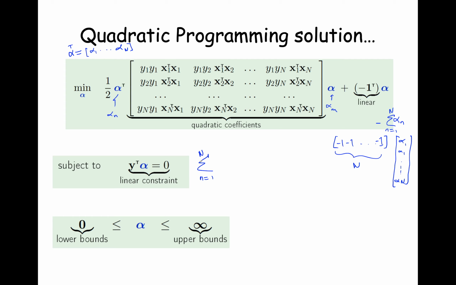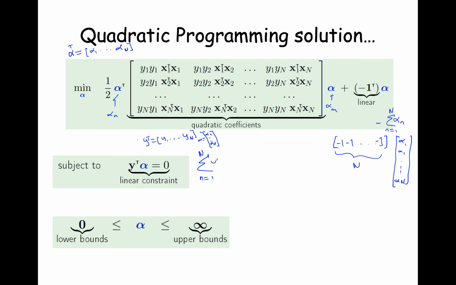If y is a vector of our class labels, then y transpose is a row vector, y1 up to and including y big N, and our alpha is a vector consisting of alpha 1 up to alpha big N. So we multiply: y1 alpha 1, y2 alpha 2.